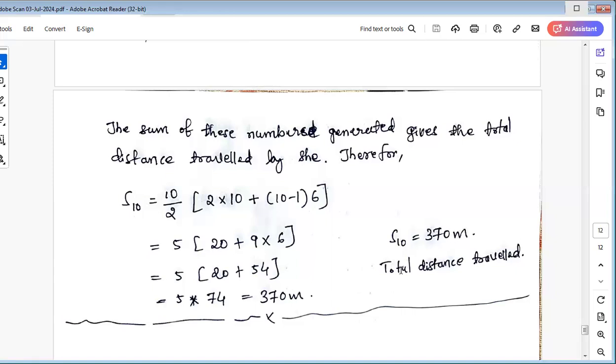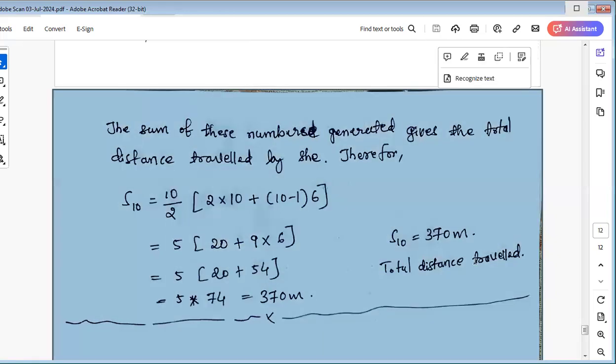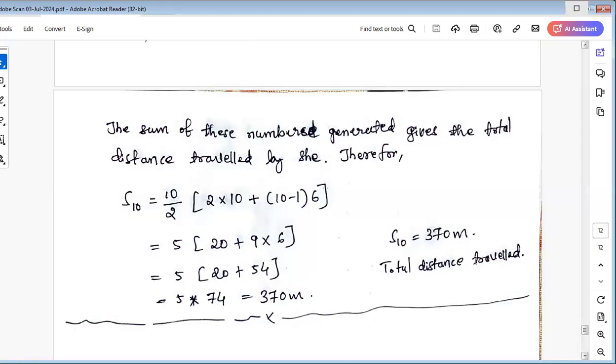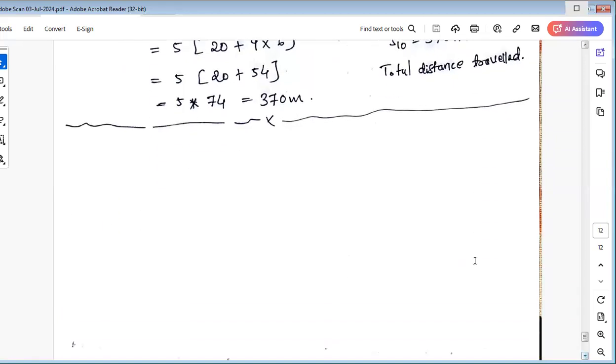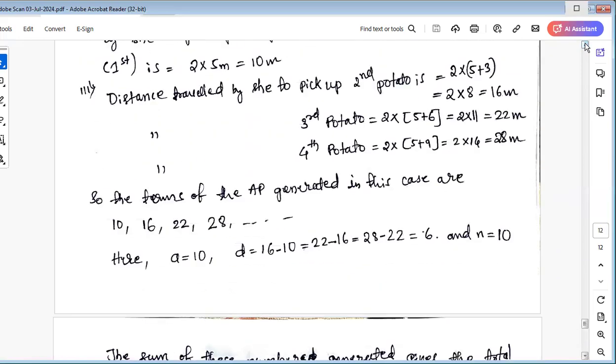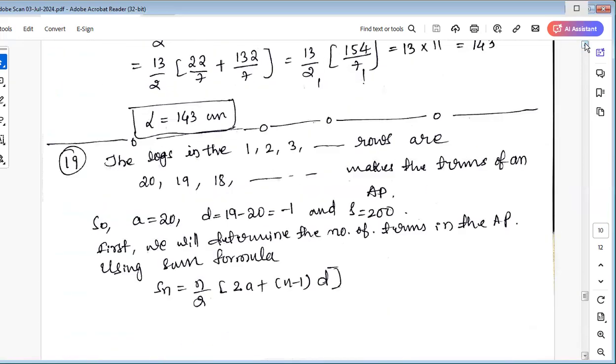That means she traveled a total distance of 370 meters to collect all the potatoes and put them back into the basket. So in this way, all the 20 problems of exercise 1.3 of arithmetic progressions are solved and explained.